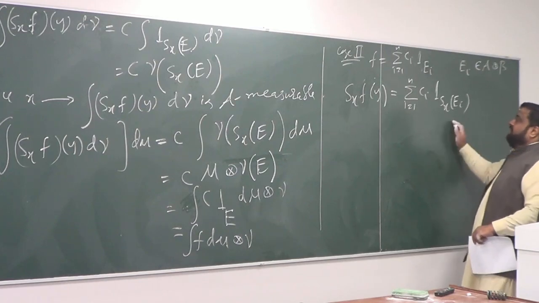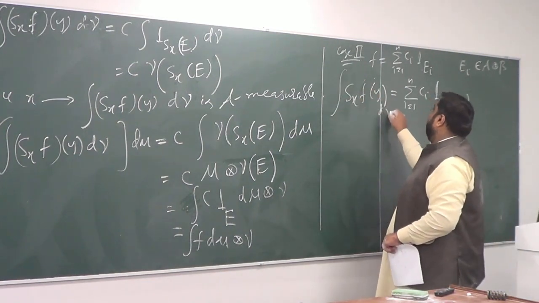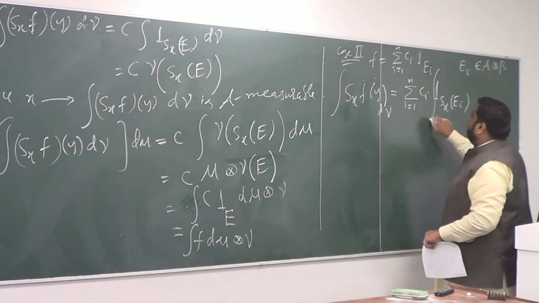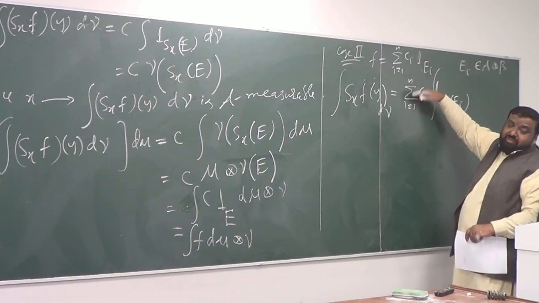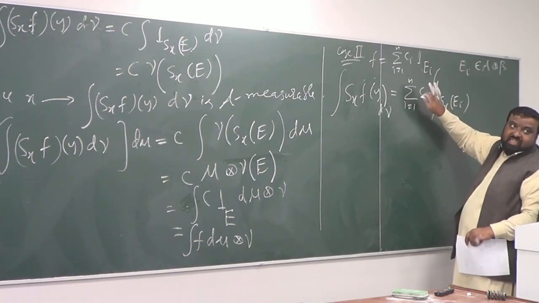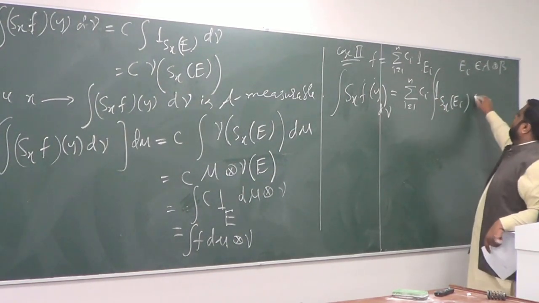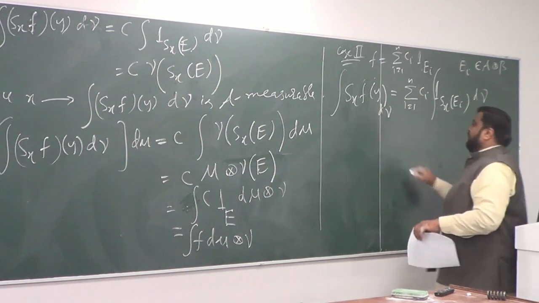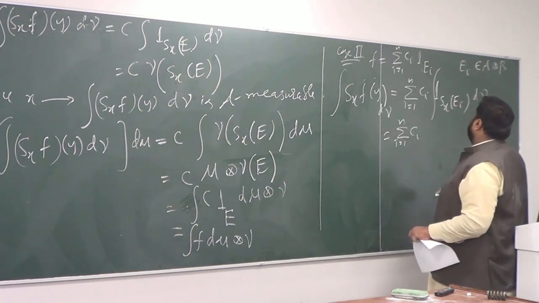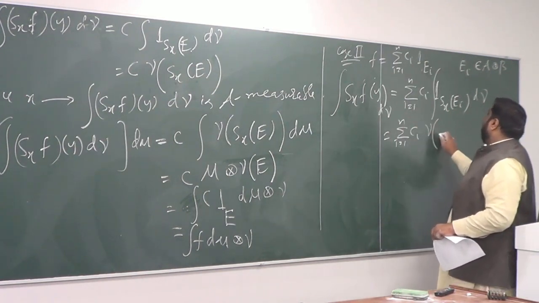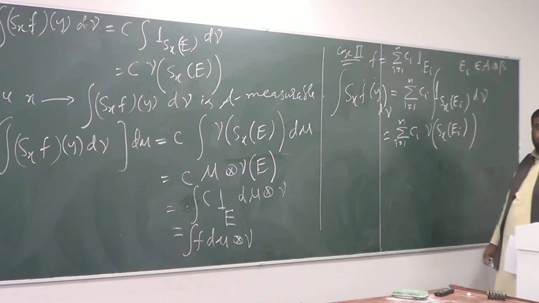Okay. So if this is the case, then integrate it with respect to d mu. The integral is linear, so you can take it inside. Linear but for finite sums actually. For infinite sums you have it, but under certain assumptions. Make sure that those assumptions are okay. So this would be the same as sum i equal to 1 to n c_i times the nu of the section of E_i.